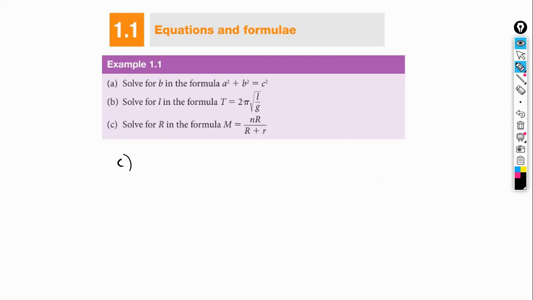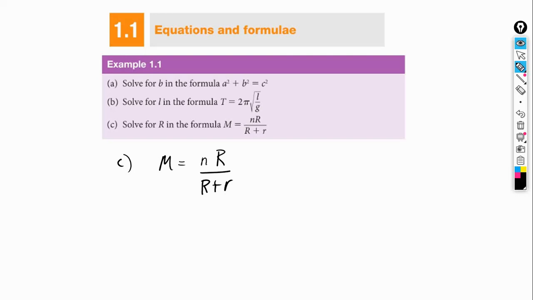So in C, they want us to solve for R in the formula m equals n times R over capital R plus small r. So here the difficulty might be that there's two r's, but you will see that this is not as complicated as it seems.